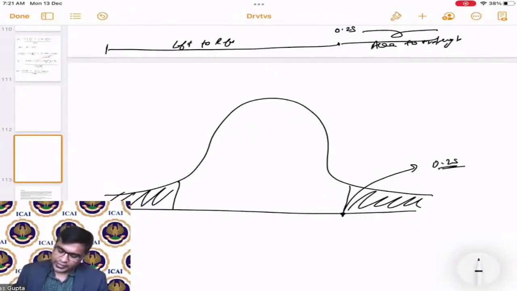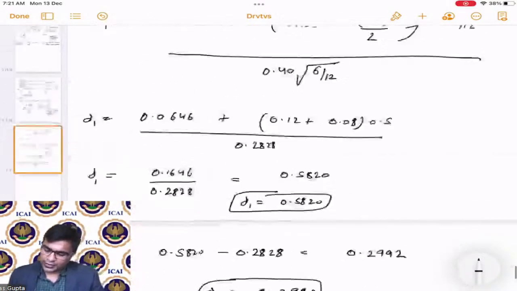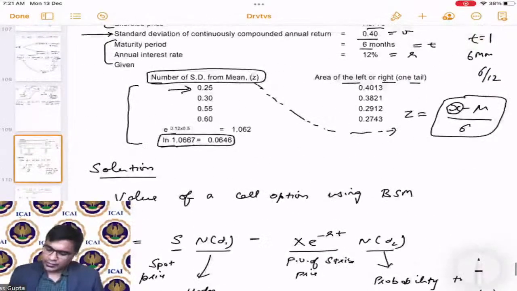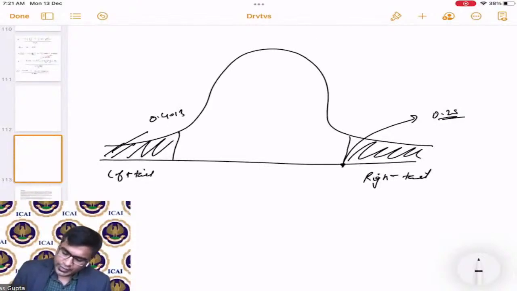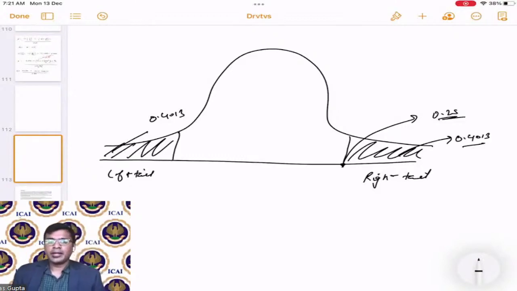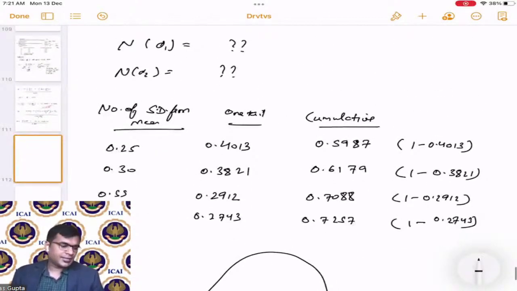This is called the left tail, and this is called the right tail. For example, if we were given 0.4013 in the question, this would also be 0.4013, correct? But we have to find the area till here, which is still our observation. Hence, we have done 1 minus this.